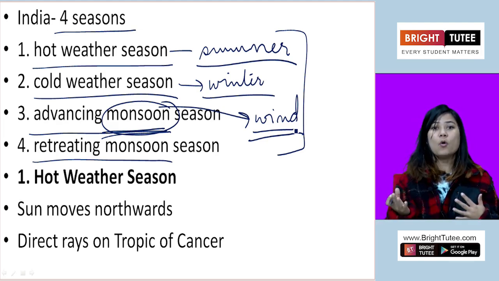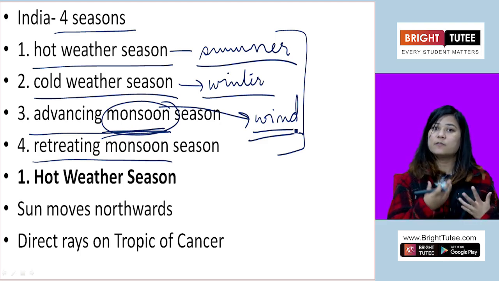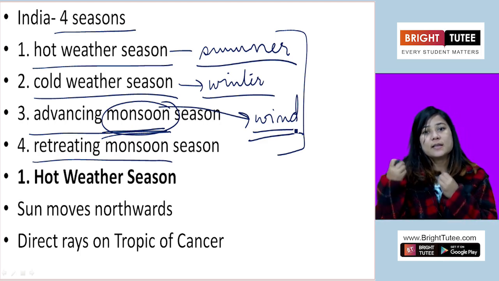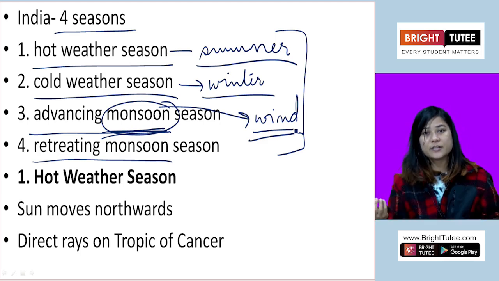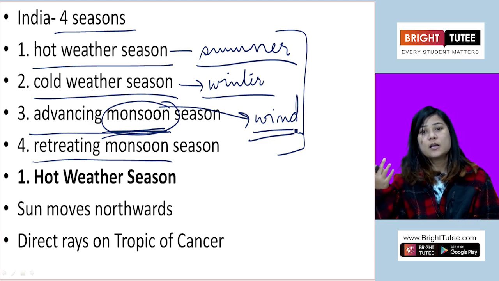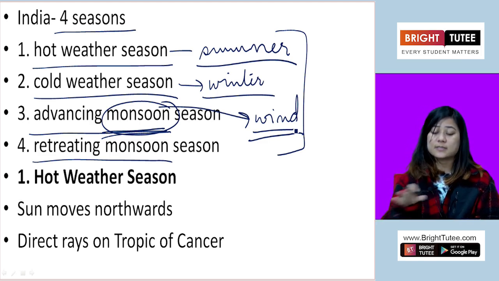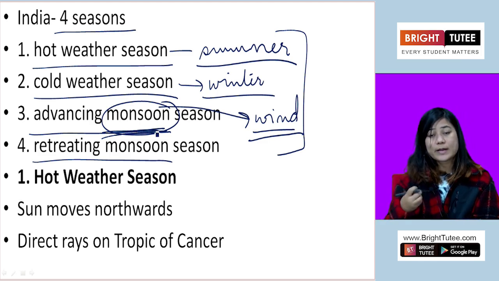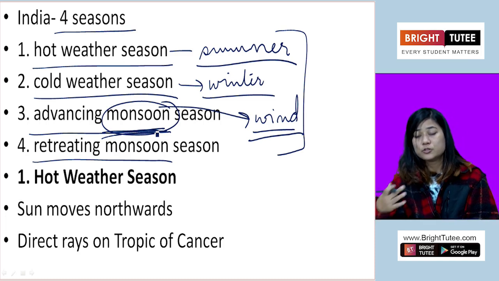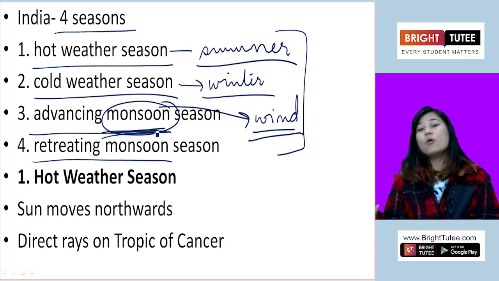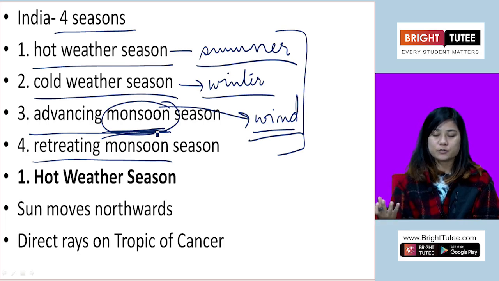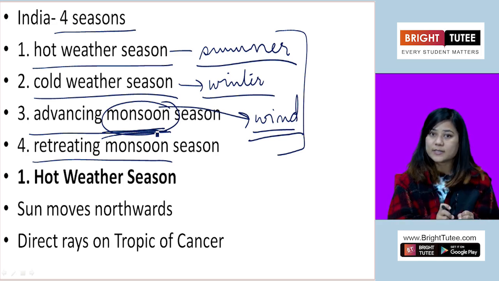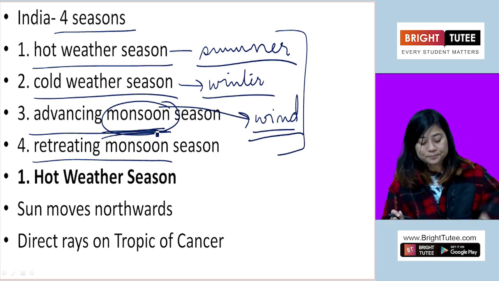With the flow of the wind in that direction, it carries moisture. That moisture then gets converted into raindrops, and that is what causes rainfall in certain areas. So monsoon is basically the wind. Whenever we refer to monsoon in the later part of the chapter, do not get confused, because sometimes we are referring to the wind and not the rain.